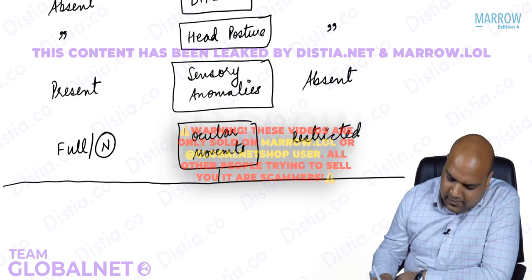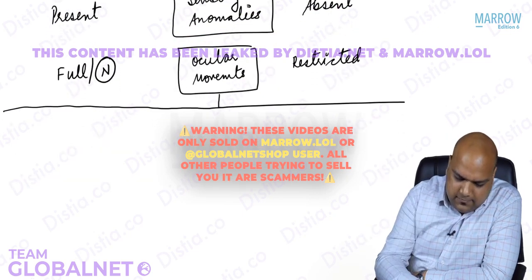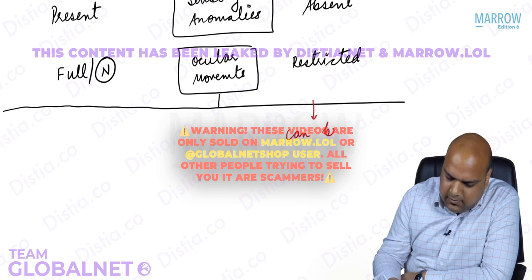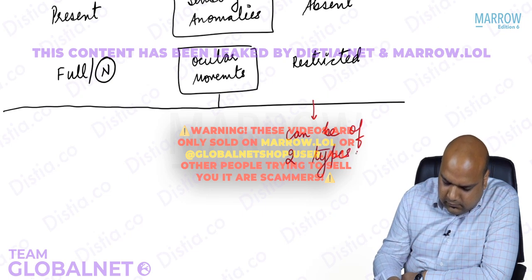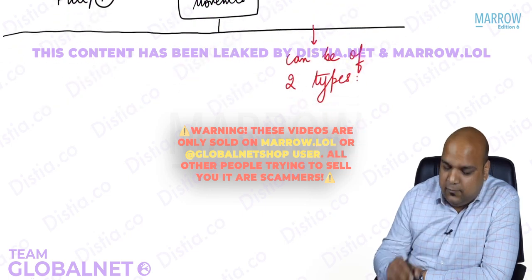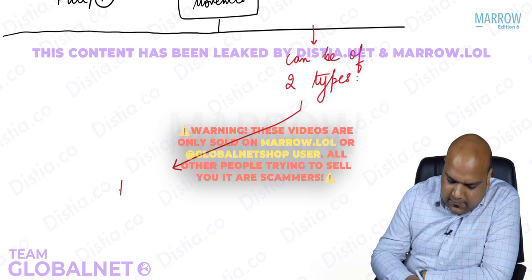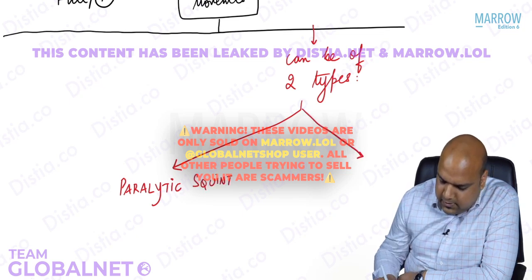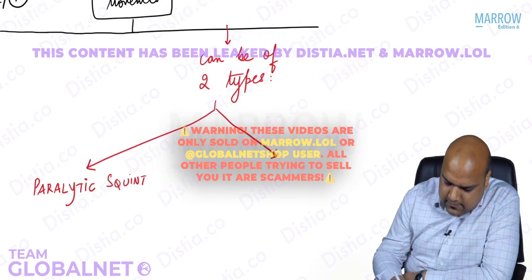Okay. Now, incomitant squint can be of two types. Incomitant squint can be of two types. The first word we use is known as paralytic squint, and the second word we use here is restrictive squint.